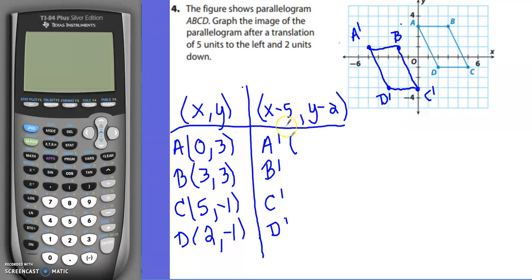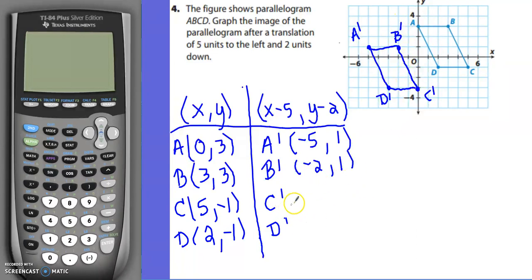Okay, so 0 minus 5 is negative 5. 3 minus 2 is 1. So let's check. Did we go to the left 5, up 1? Yes. Okay, 3 minus 5. Well, that's going to get us negative 2, and 3 minus 2 is 1. So did we go to the left 2, up 1? Yes. All right.